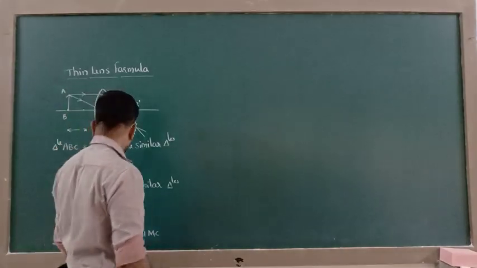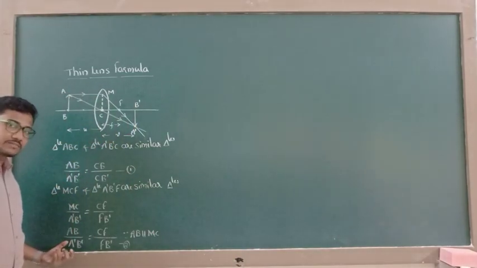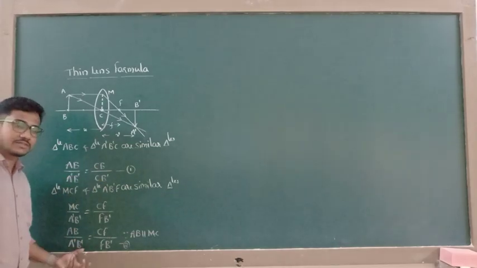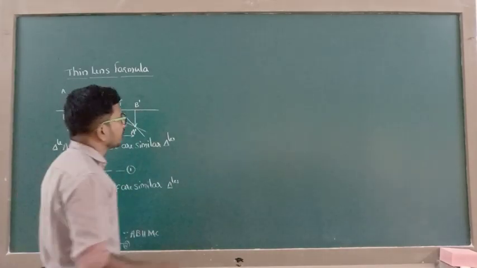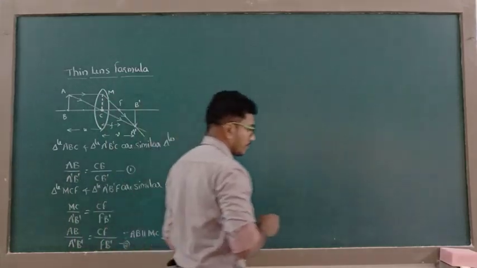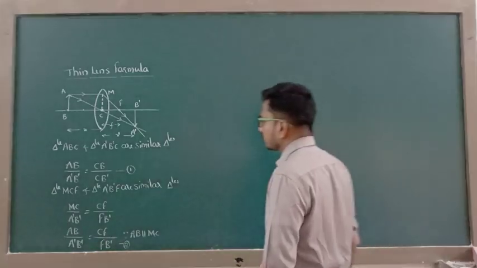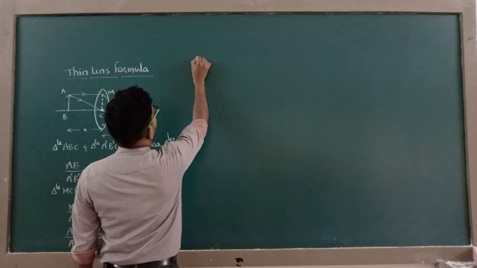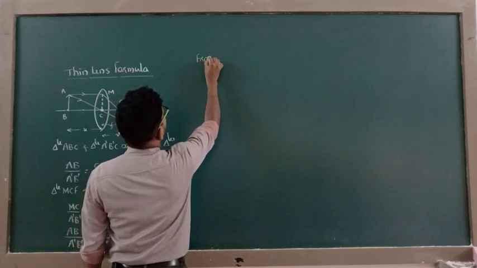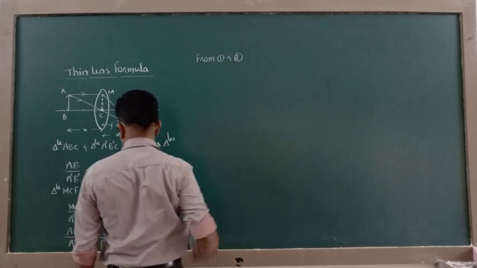From 1 and 2, AB by A dash B dash. So LHS terms are same. Therefore, we can equate RHS terms, that is CB by CB dash equals CF divided by FB dash, from equation 1 and 2.